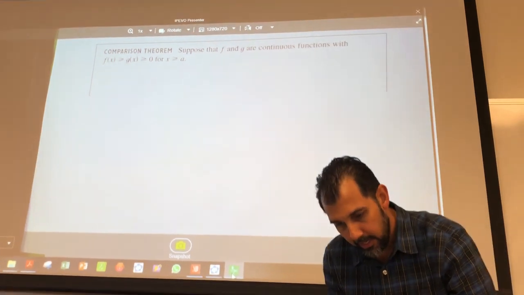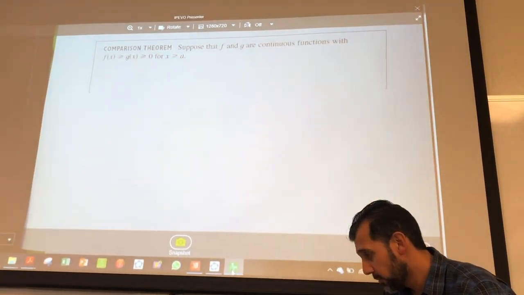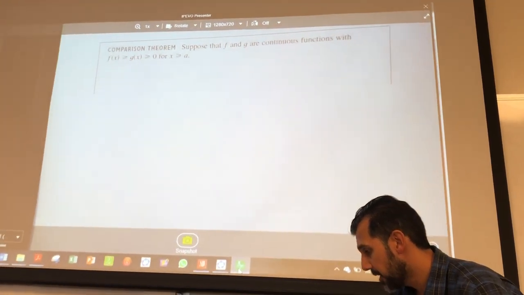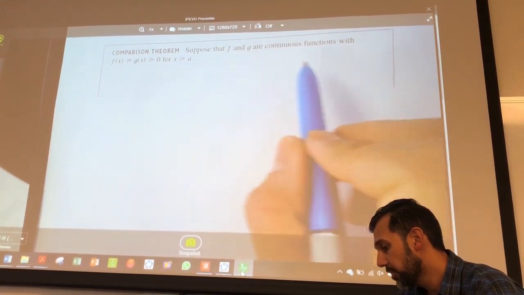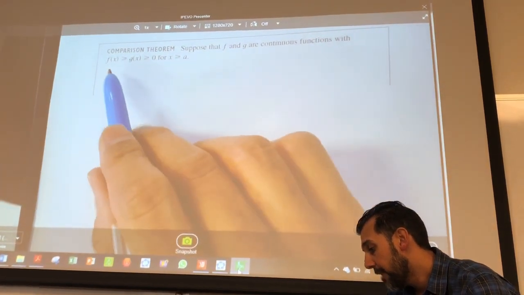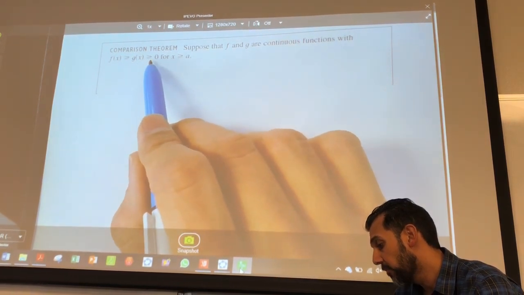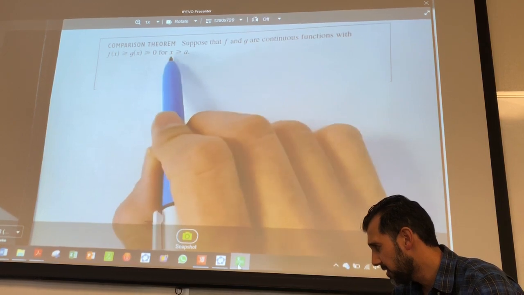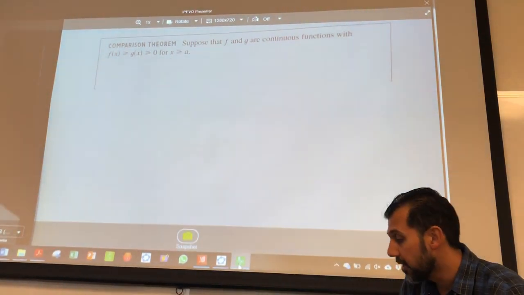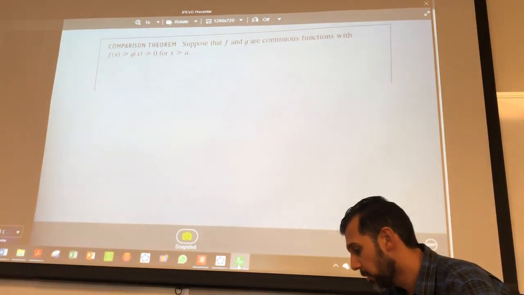This is page 550 out of the book. And we're basically working with what's called the comparison theorem. The comparison theorem starts like this. If you've got f and g continuous functions, f of x is greater than or equal to g of x, which is greater than or equal to 0, for x greater than or equal to a. In our problem over there, it was x greater than or equal to 1.